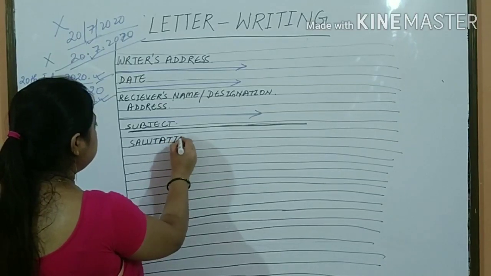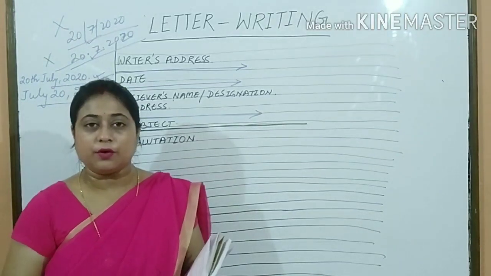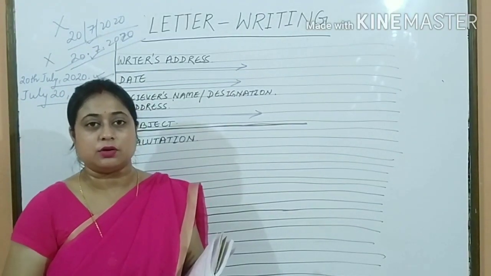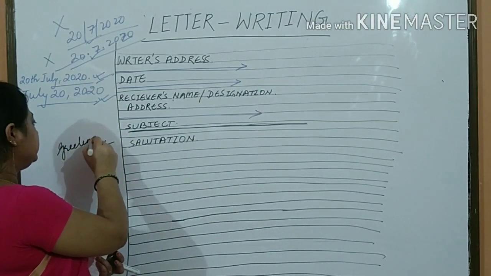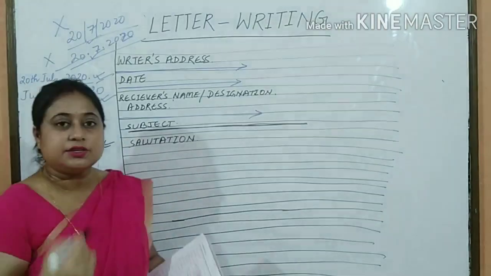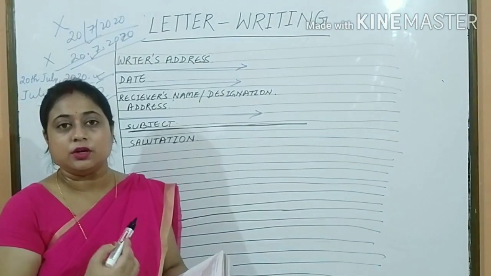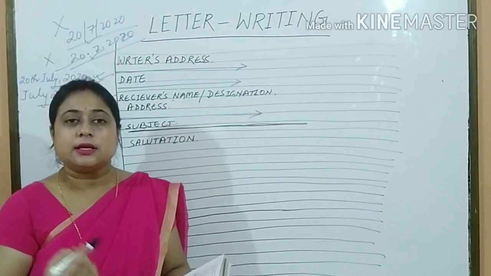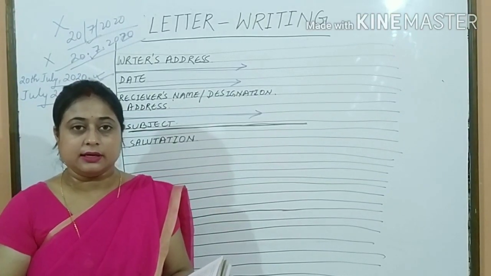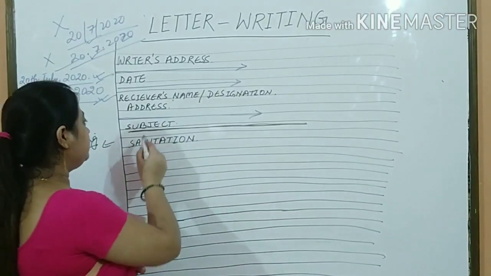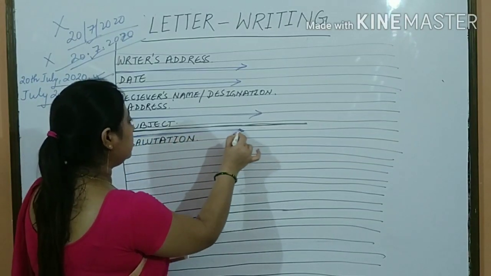So what is salutation? In the description of the informal letter, I have explained there also, salutation means your way of greeting someone, how you address someone. Usually the salutation which we use in a formal letter is dear sir or dear madam, like that. Alright. And before salutation, that is after the subject, here also you have to leave a line.